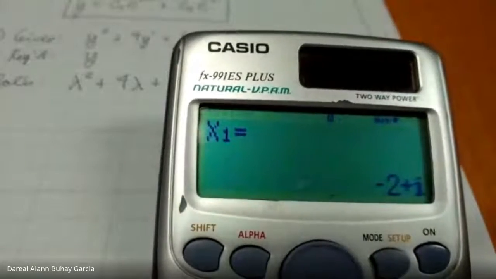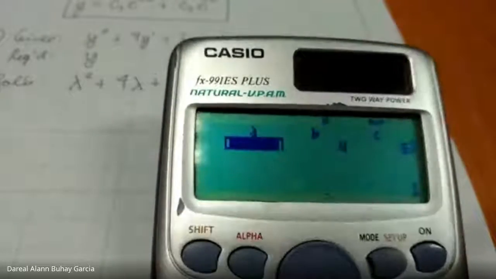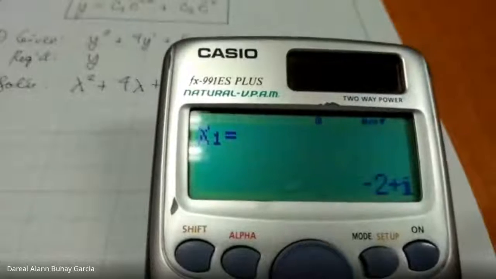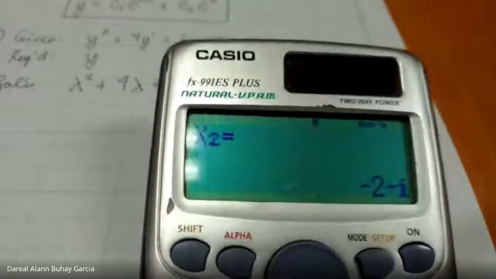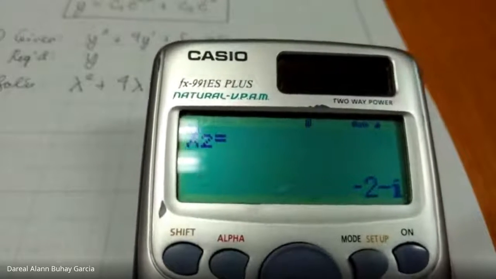The roots are negative 2 plus i and negative 2 minus i. Complex, case 3. So negative 2 plus i and negative 2 minus i.